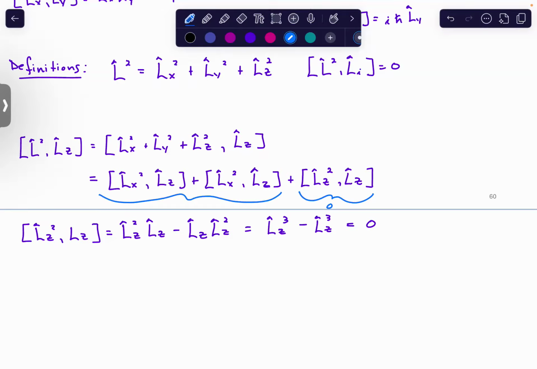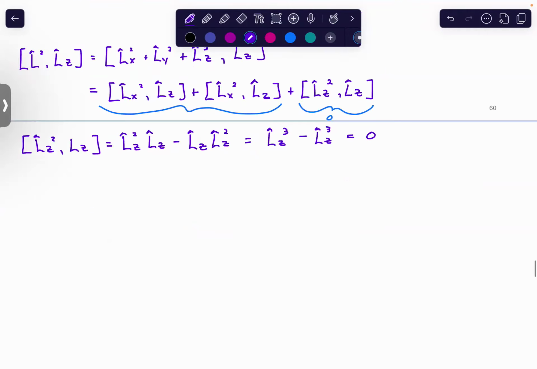Now let's look at the other parts. Those are the two parts we're breaking it into. I'm going to do Lx squared Lz first. By the time we're done, you're going to have angular momentum symbols all over the place.